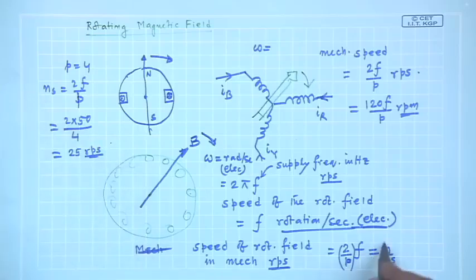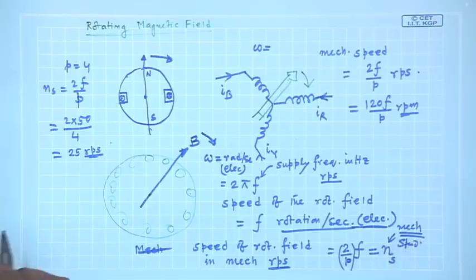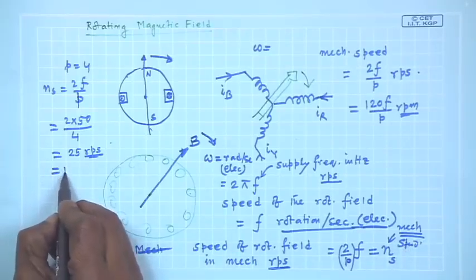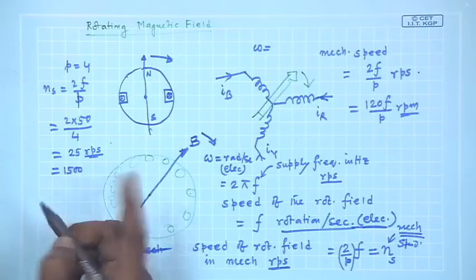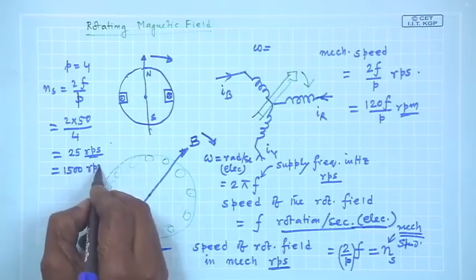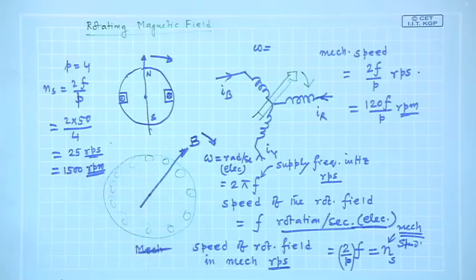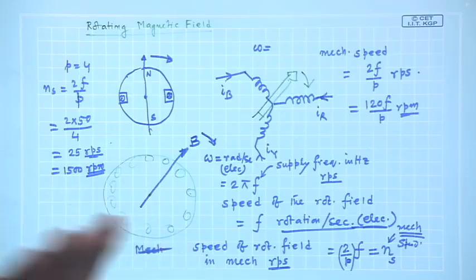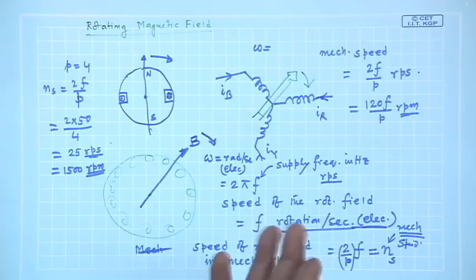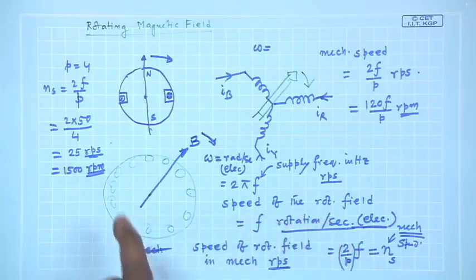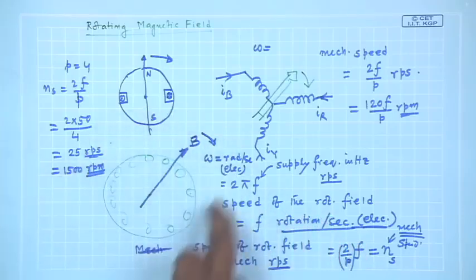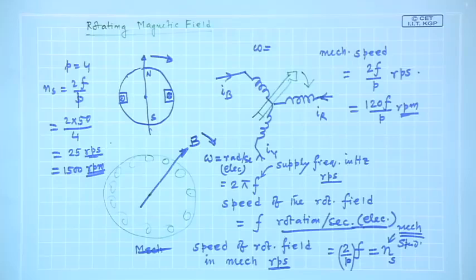So, ns I will reserve for mechanical speed henceforth, and 25 RPS is nothing but you multiply with 60, it is 1500 RPM. Because that speed we understand, it is making 1500 rotations per minute, that is the meaning of that.